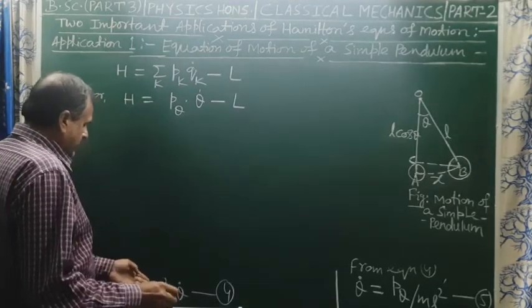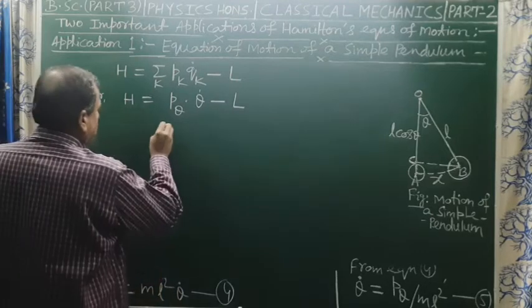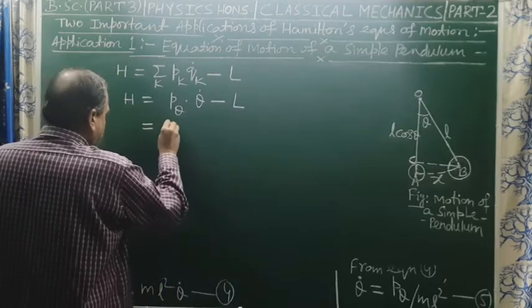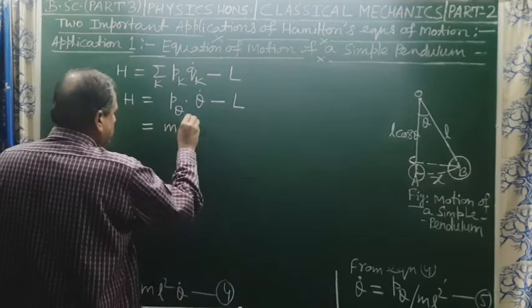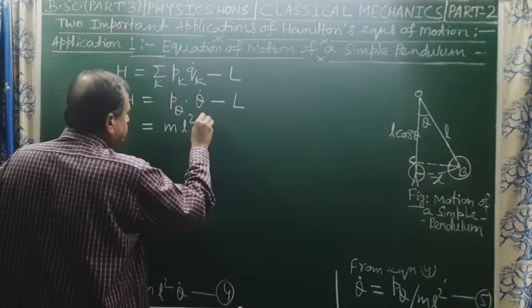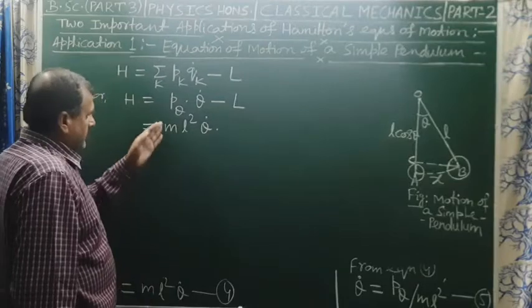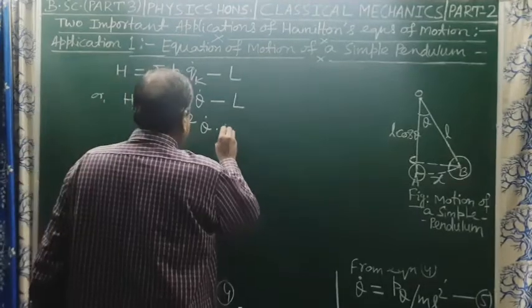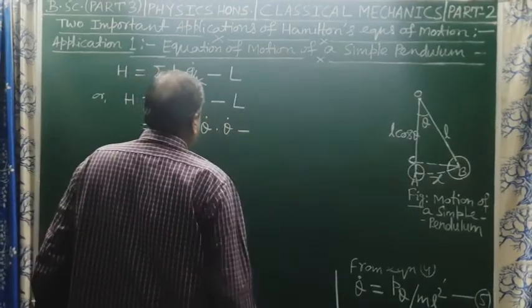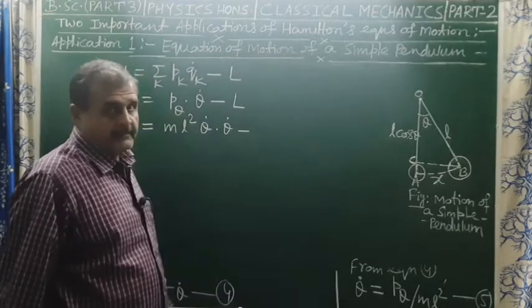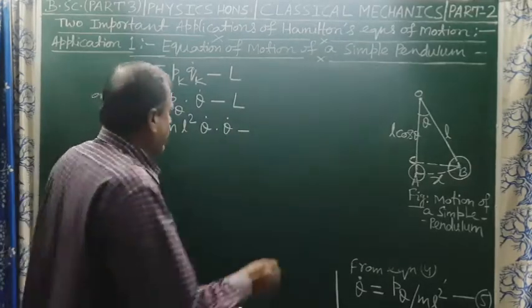Here p theta is given by ml square theta dot, into theta dot. And the Lagrangian function was T minus V, that is kinetic energy minus potential energy.